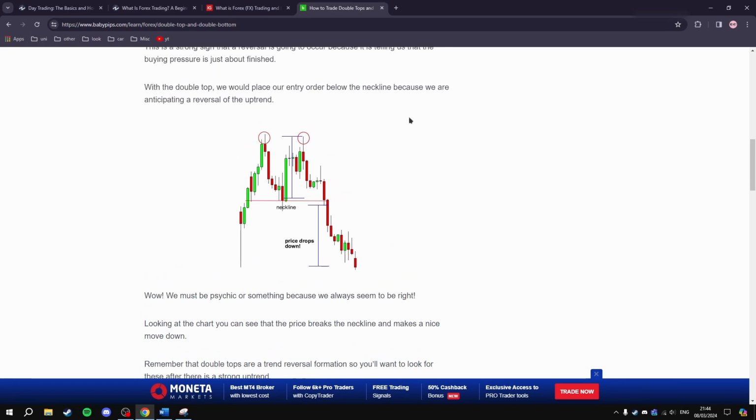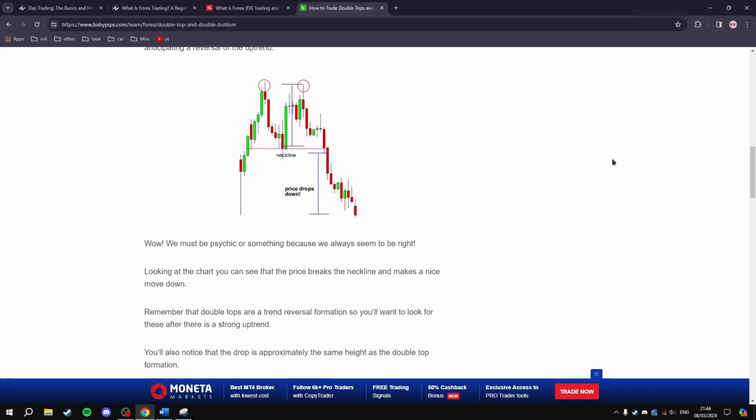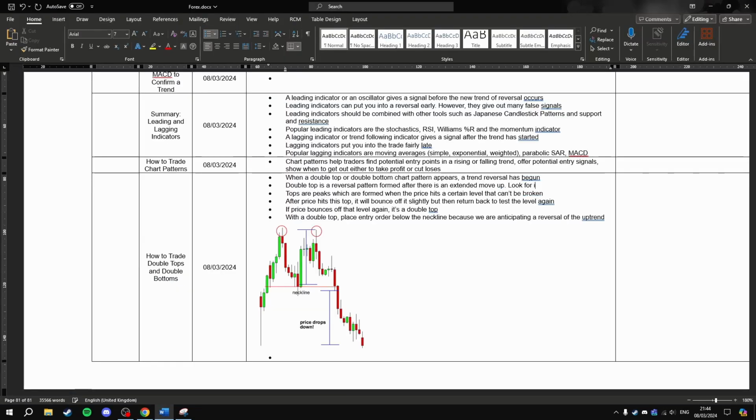So place an entry order below, so place an order here, and then boom. Looking at the chart, you can see that the price breaks the neckline and makes a nice move down. Remember that double tops are a trend reversal formation, so you want to look for these after there is a strong uptrend.